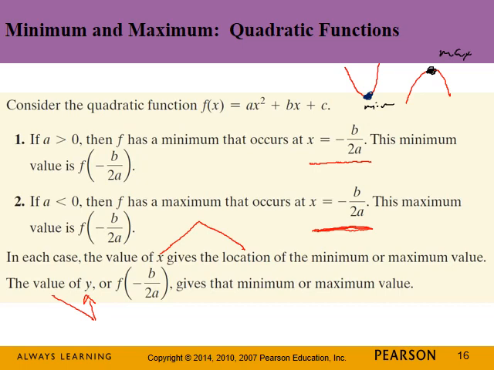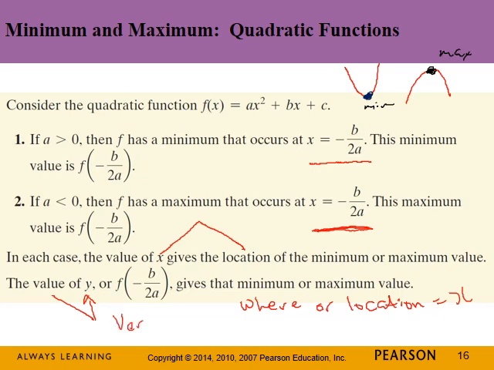If they're asking you the value of the minimum or max, then you are giving a y value. Where or location equals x. Value equals y. And these are based on the vertex, okay?